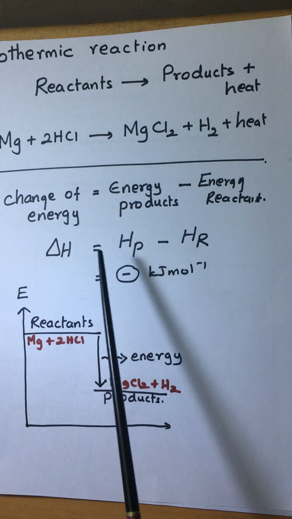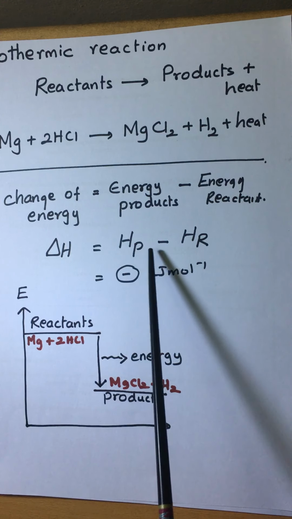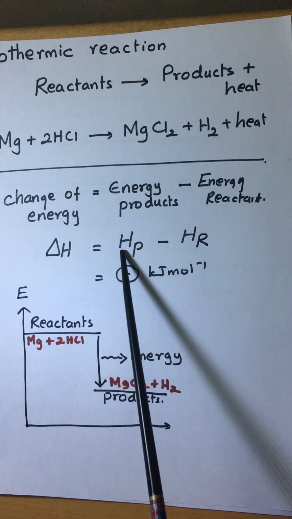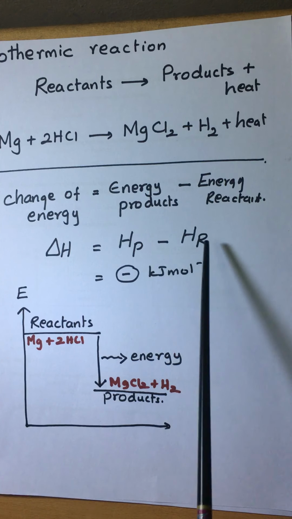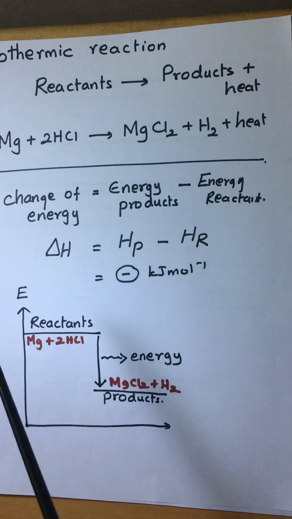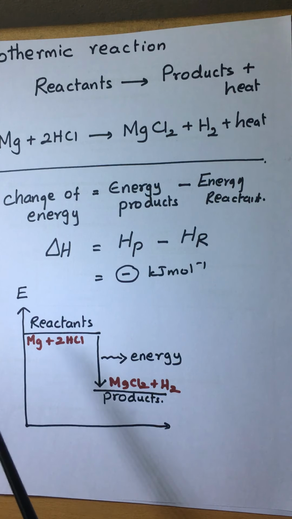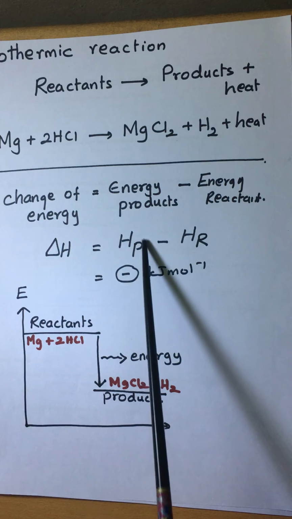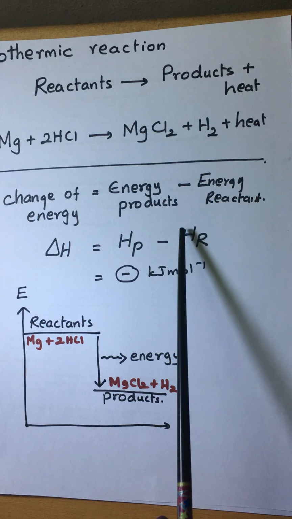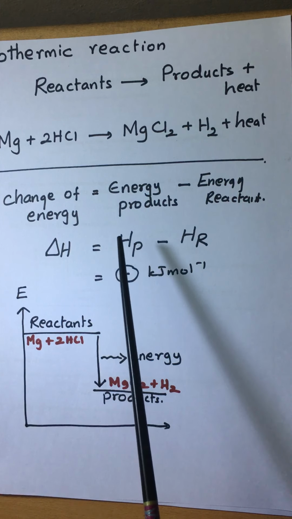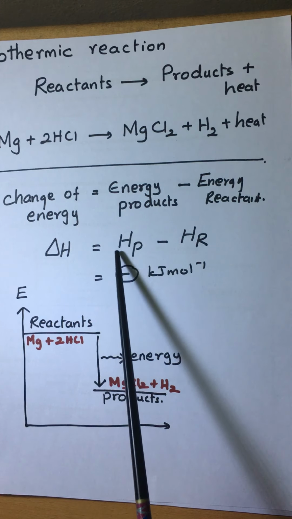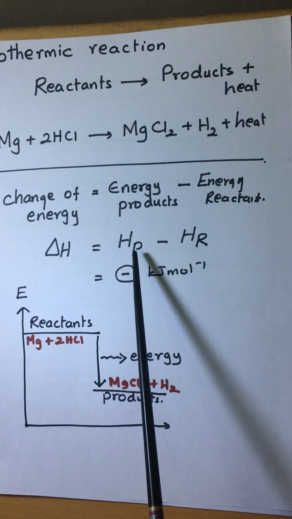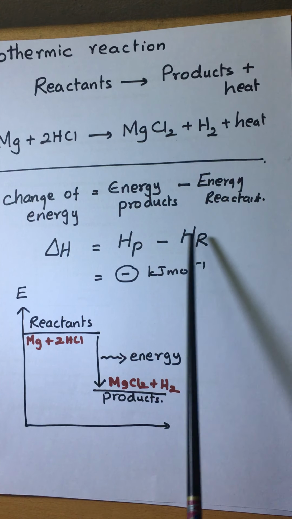So here, consider the energy of products compared to the energy of reactants in exothermic reactions. The energy of products is less than the energy of reactants.